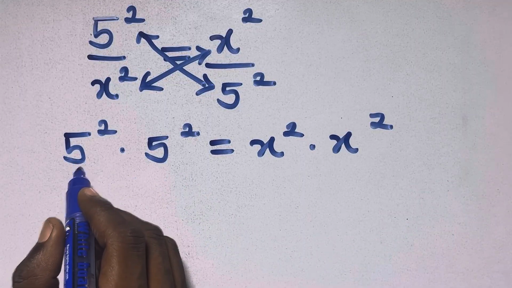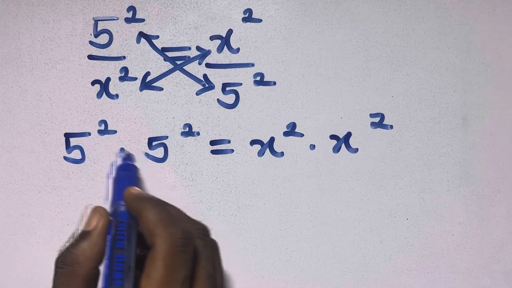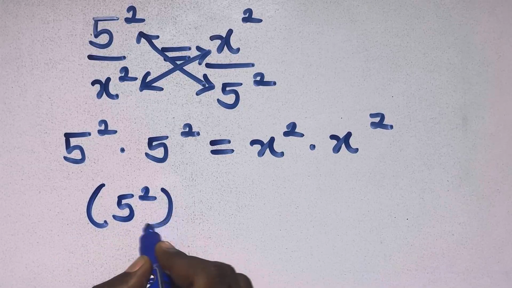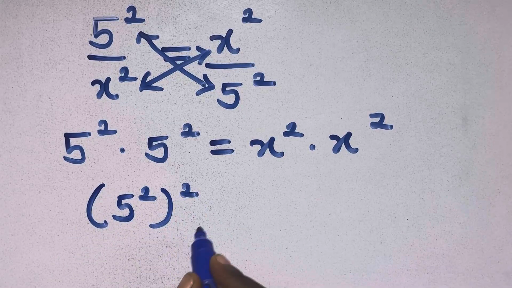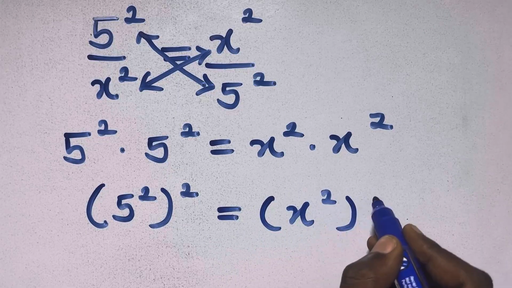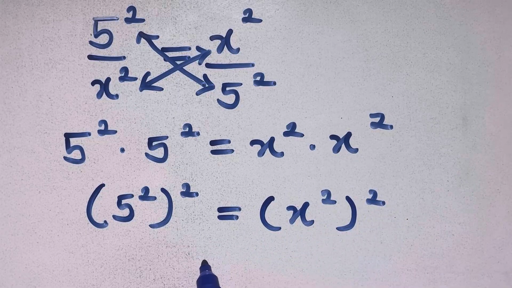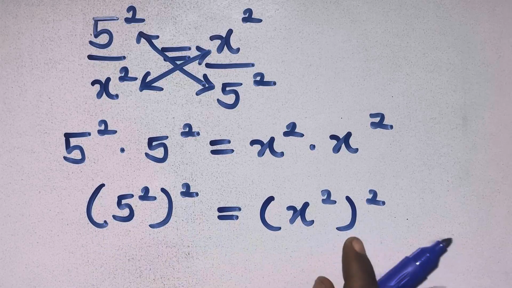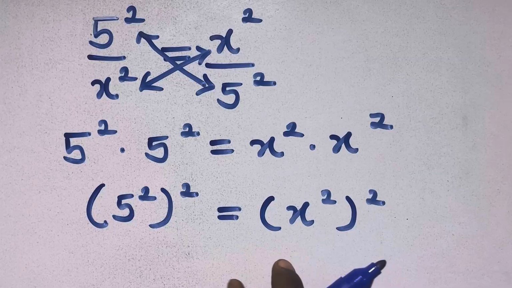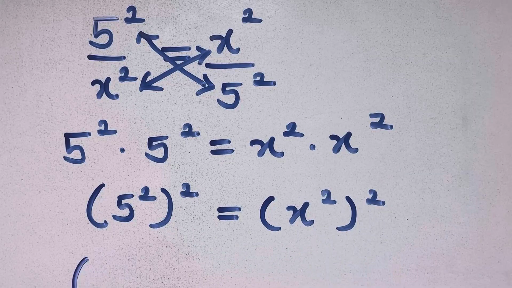So then what we have now is 5 squared, squared again, so we have 5 squared in two places, and for this also we have x squared in two places. All right, if you observe, we can transfer this to the other side to make the expression a difference of two squares, right?